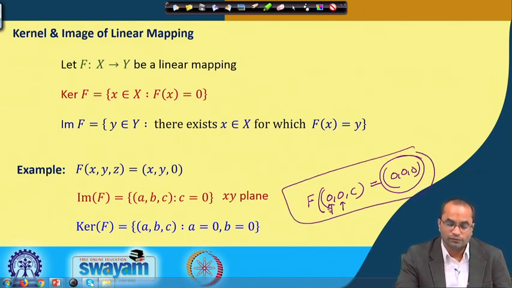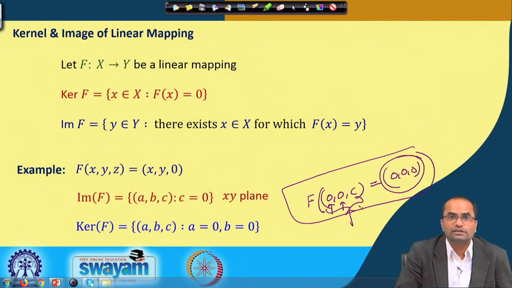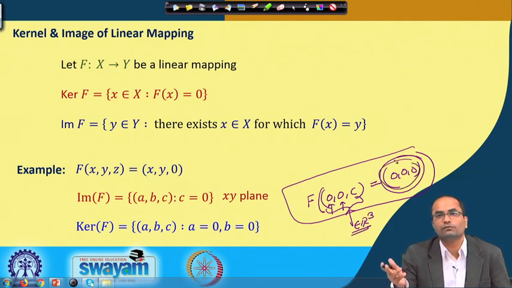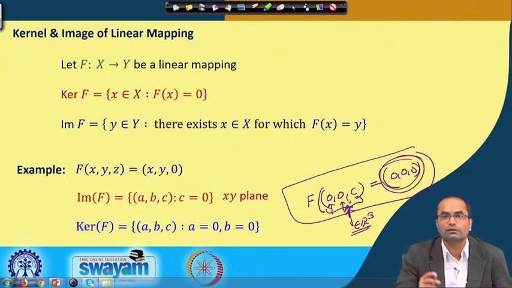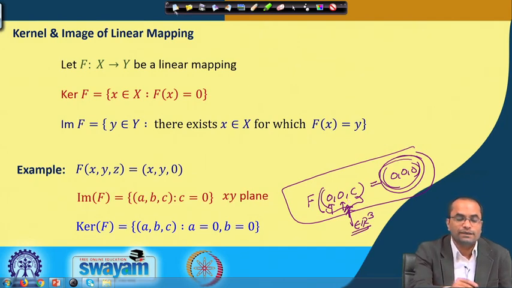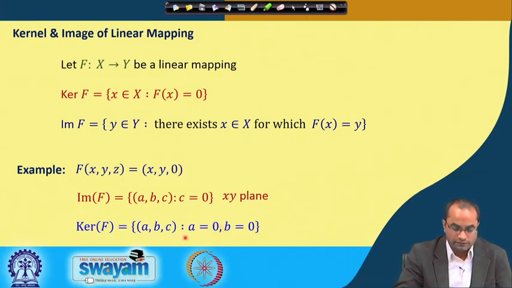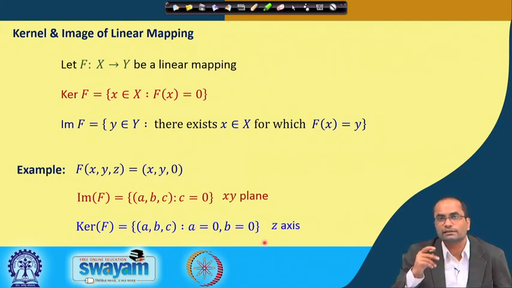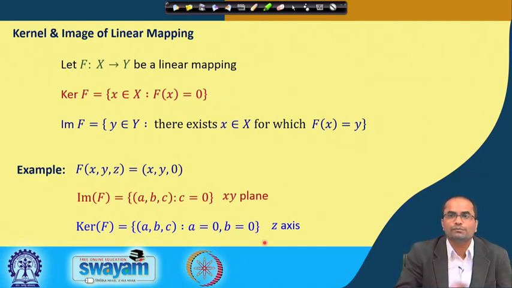So, we are looking for those points in this R 3 whose image is nothing but the 0 element in y. This will form the kernel of this mapping, and this is exactly the z axis, because on the z axis x is 0 and y is 0. So, the whole z axis will be mapped to the 0 element in R 3.